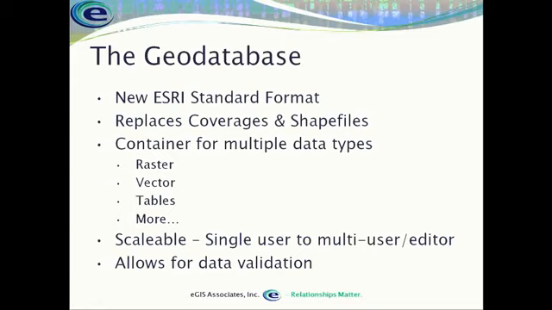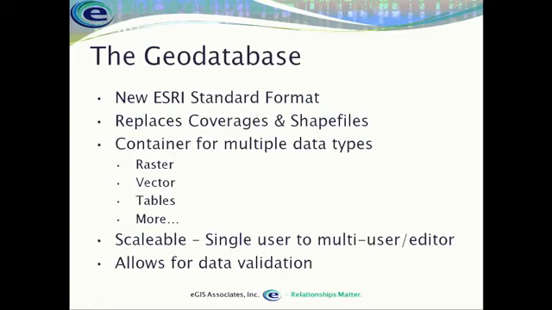It also allows us to validate our data. The power of GIS is its ability to perform analysis based on attributes and spatial relationships. But that analysis is only as good as the data behind it. So within the geodatabase, we have tools that allow us to validate the data, both the spatial and the attribute data, to make sure that it's correct.